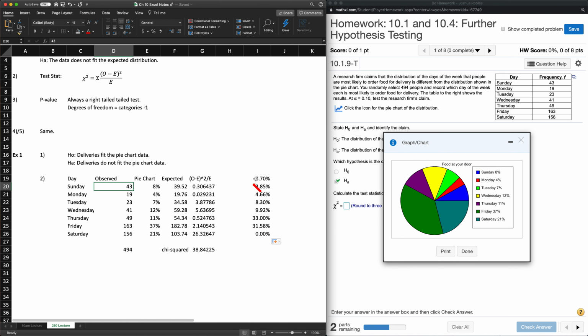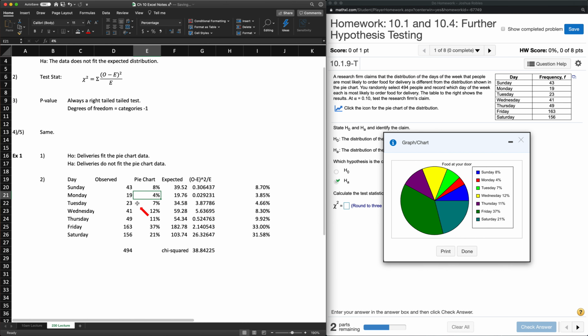On Sunday, there was 8.7%, and we had expected 8. On Monday, let me move this down one. On Monday, we expected 4%, and there was 3.9. Tuesday is quite a bit different. Wednesday is quite a bit different. And we can see that Friday and Saturday here are some of the most different.